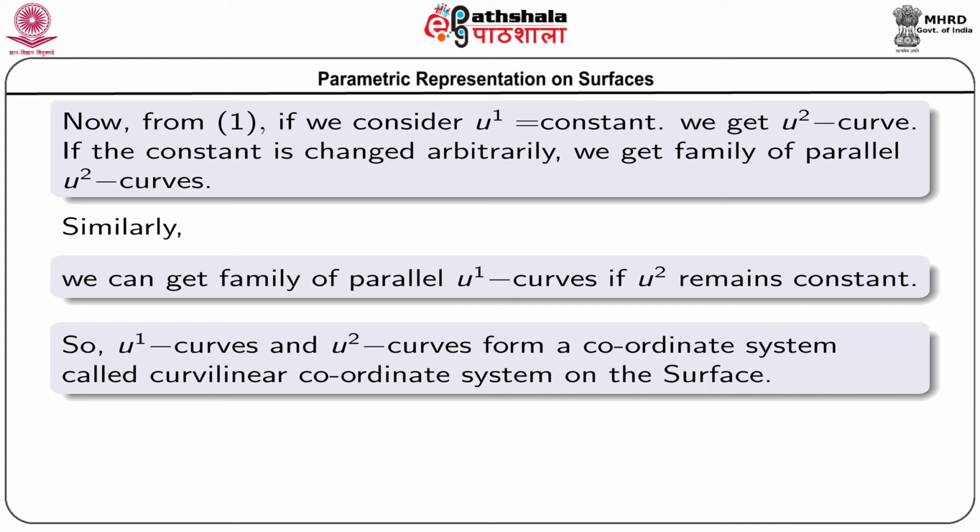So, these U1 curves and U2 curves form a net on the surface and they form a curvilinear coordinate system on the surface. So, anything we want to measure on the surface, we have to use this curvilinear coordinate system framed by U1 curves and U2 curves.